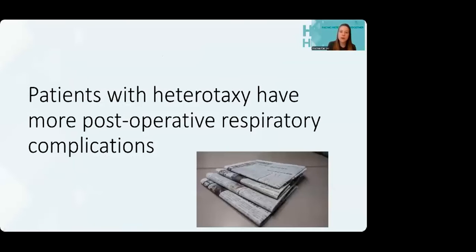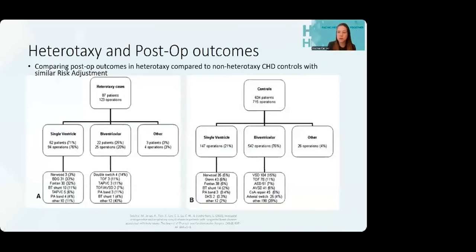We also know that patients with heterotaxy have more post-operative respiratory complications as compared to those with other types of congenital heart disease. So this study compared all patients with congenital heart disease and took patients with heterotaxy compared to other types of congenital heart disease. And then using a standard risk adjustment, matched similar patients to their severity.